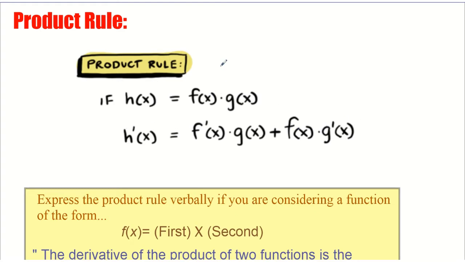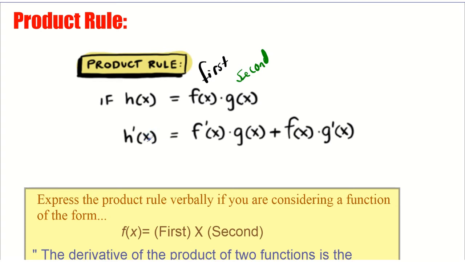Now, here it is in some mathematical notation. If f of x, when we're doing this, we'll call this the first factor, and we'll refer to g of x as our second factor.